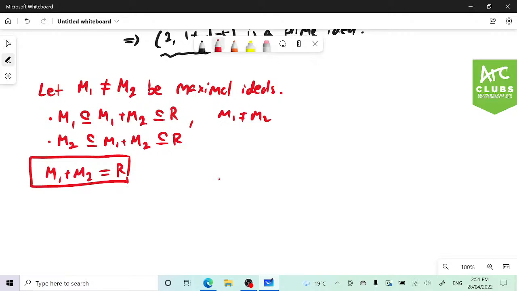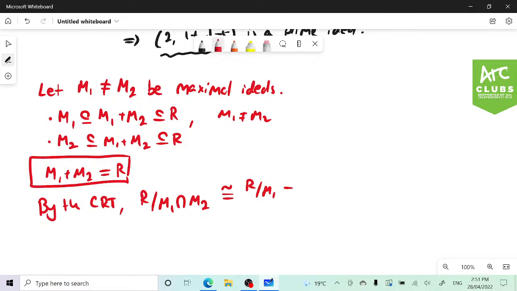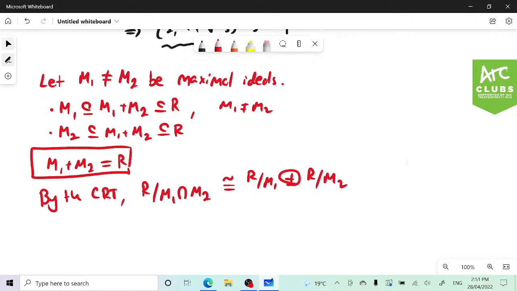This is useful because we can apply the Chinese remainder theorem from this. So by the Chinese remainder theorem, we can look at R mod the intersection of M1 and M2, and this is isomorphic to R mod M1 direct sum R mod M2.